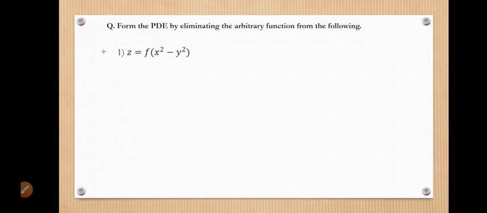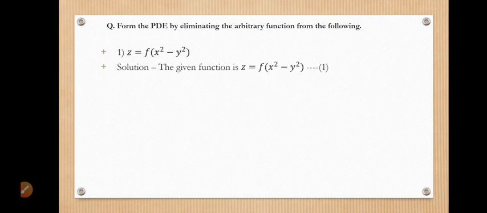In this function, f is an arbitrary function and we have to eliminate it. Obviously, we have to form the partial differential equation. So we have to take the partial derivative of this given function z with respect to x and with respect to y. Here z is a dependent variable and x and y are independent variables. So let us see the solution.